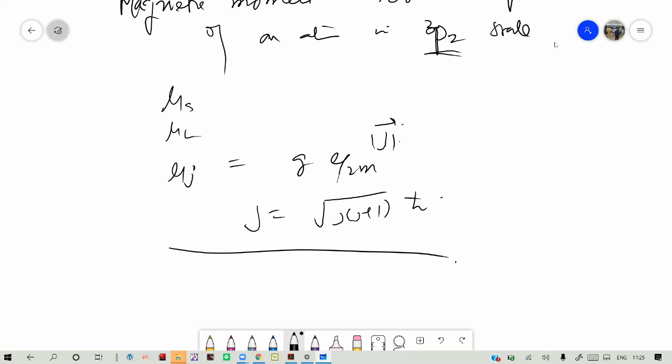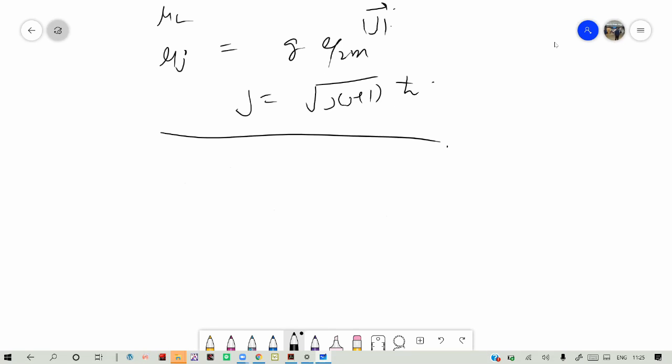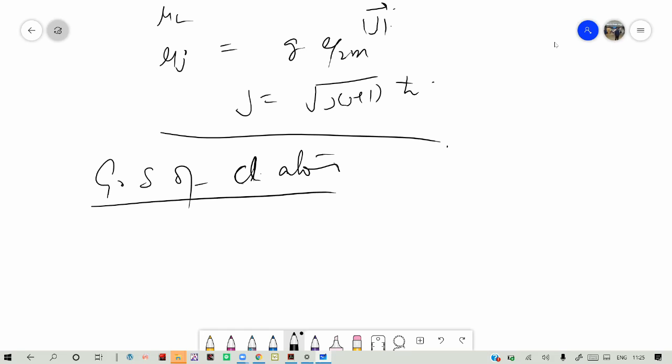There is another one for the ground state of chlorine atom. You have to find the ground state of chlorine atom in the 2p 3 by 2 state. Don't let me know, I will not tell you. So you have to show that it is 2p 3 by 2 and then find its magnetic moment.